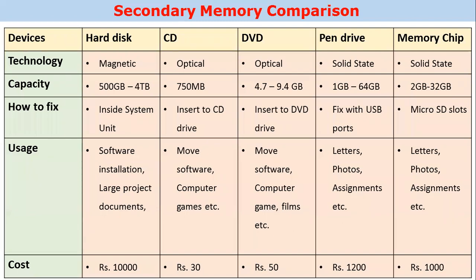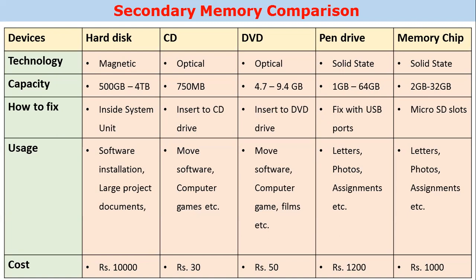Primary memory is normally available to store the data required for internal activities of the computer. It is for computer use. But secondary memory is available to store the data created by the users. As users, we make different kinds of data.